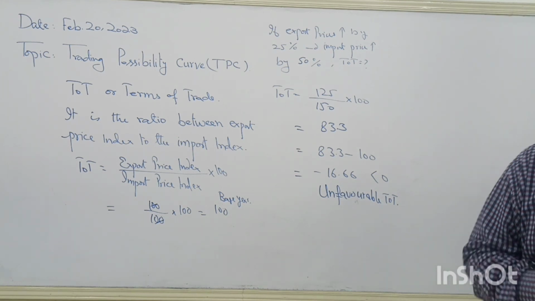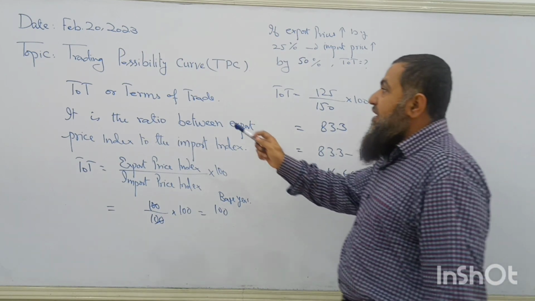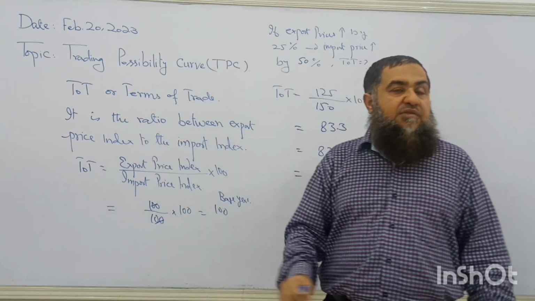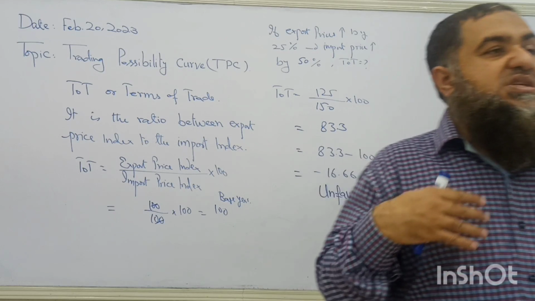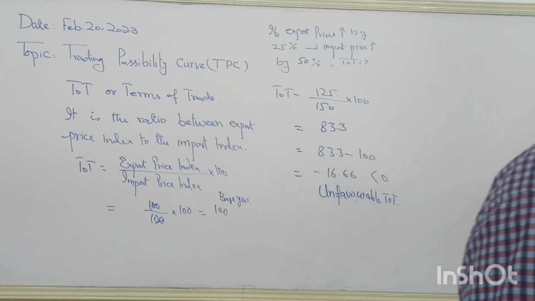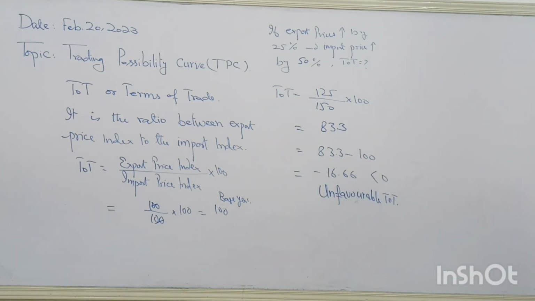So this is the main topic. We started from trading possibility curve and we converted the same concept into terms of trade to see whether countries have favorable or unfavorable terms of trade.